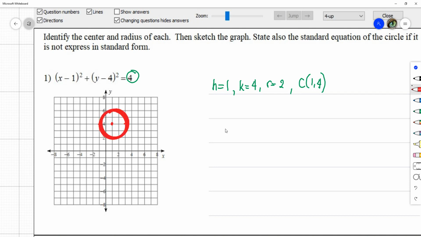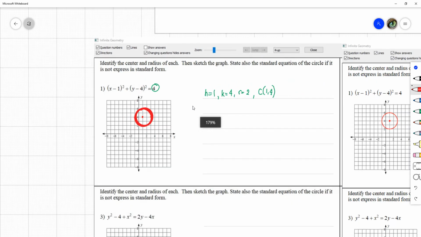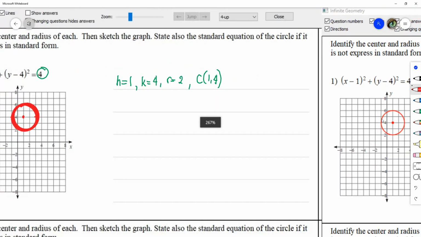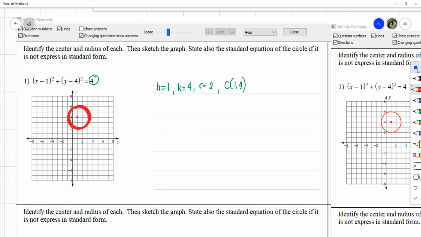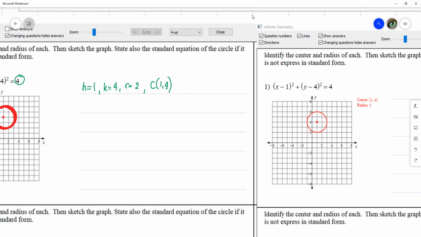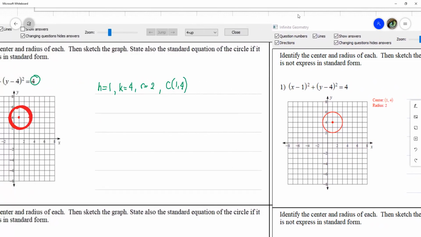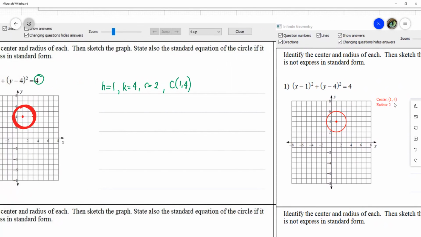Okay, now let's try to check if this solution would be correct. Here is the answer key. As we can see here, the center is (1, 4), which is correct.